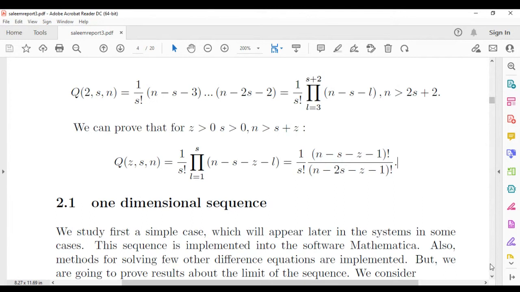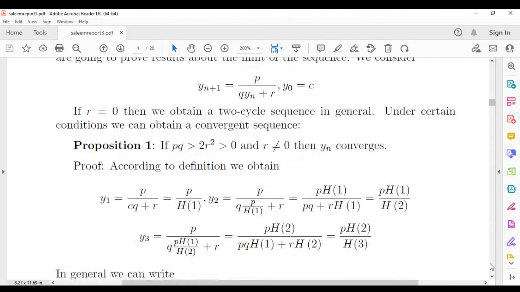We first start with a one-dimensional sequence. We call yn plus 1 depending on yn, and this fractional equation.